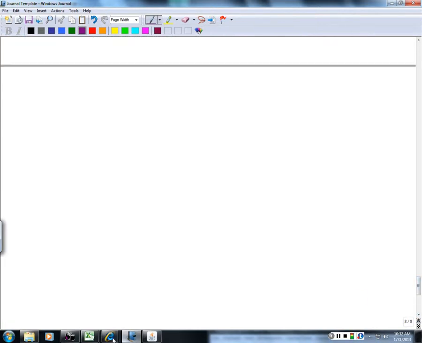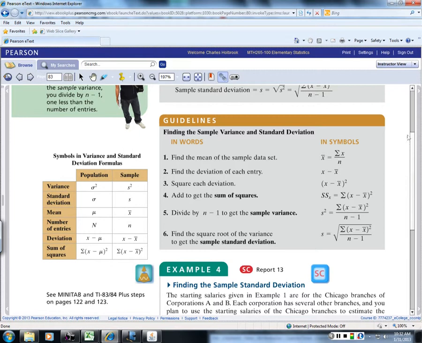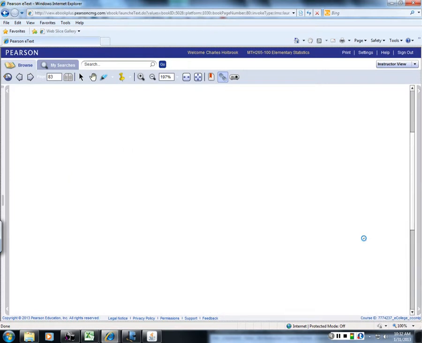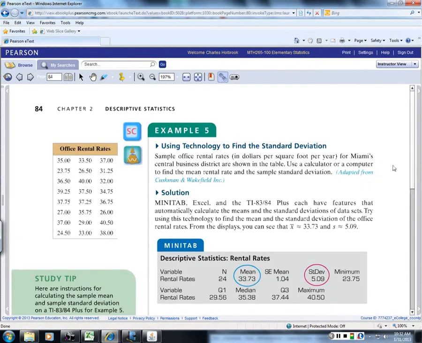Let's talk about how we interpret standard deviation, because what's the point of doing this if I don't know how to interpret it?